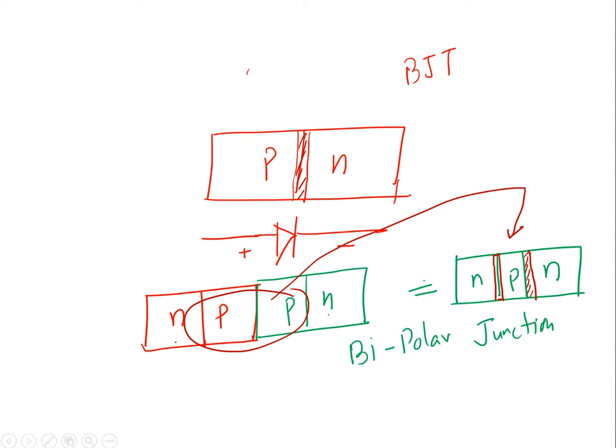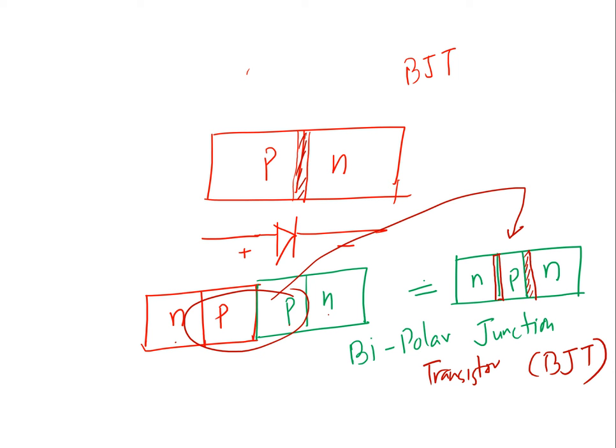So this is called a bipolar junction transistor, making two junctions. This is the transistor, or BJT, bipolar junction transistor.